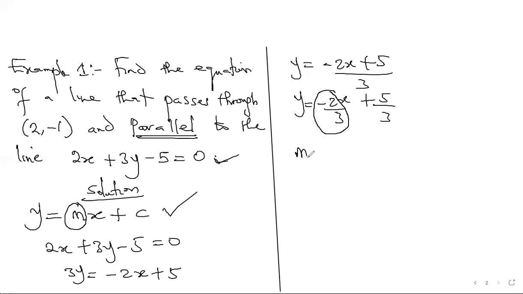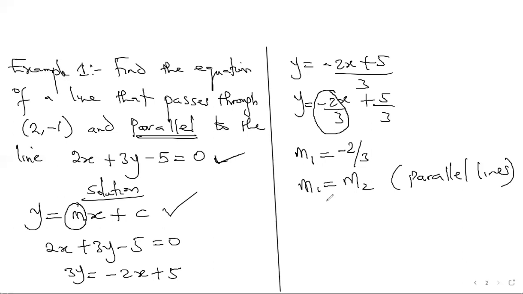So I know that m, which I can call m1 for line 1 that I know, is equal to -2 over 3. Then I can use this to get the gradient of the second line that I'm looking for. Because they are parallel, I know that m1 will be equal to m2, parallel lines.